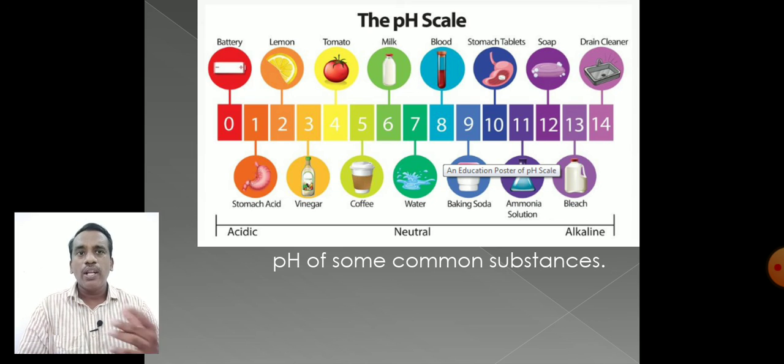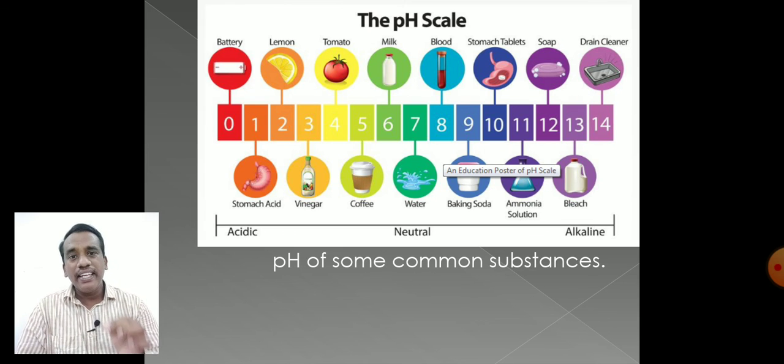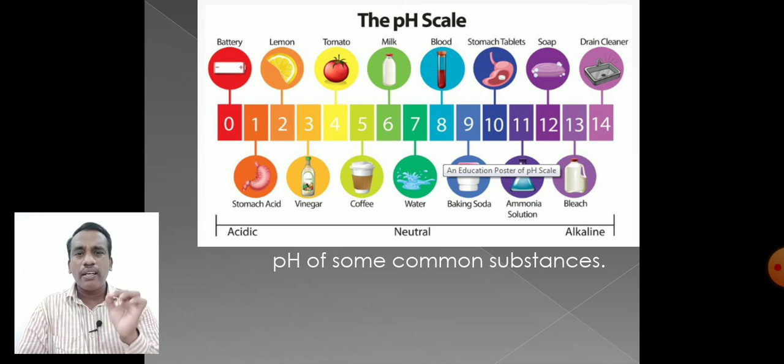Coffee 5. Milk 6. Can you say now that milk is also an acidic compound? Yes, it is an acidic compound, but a very weak acid. Let us get a very important question. Why does the milkman add a base into the milk in order to preserve it?